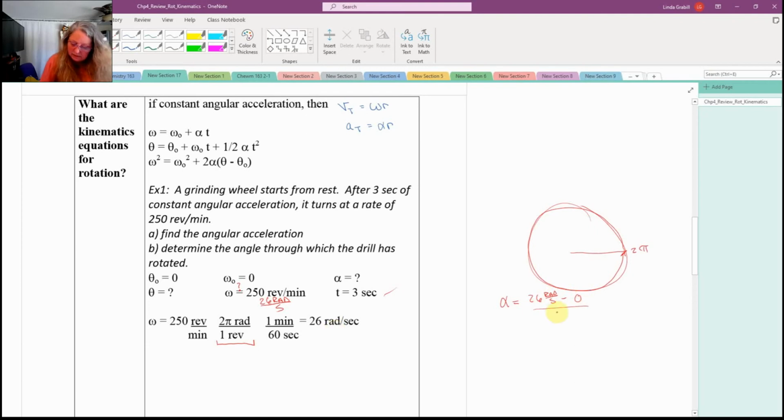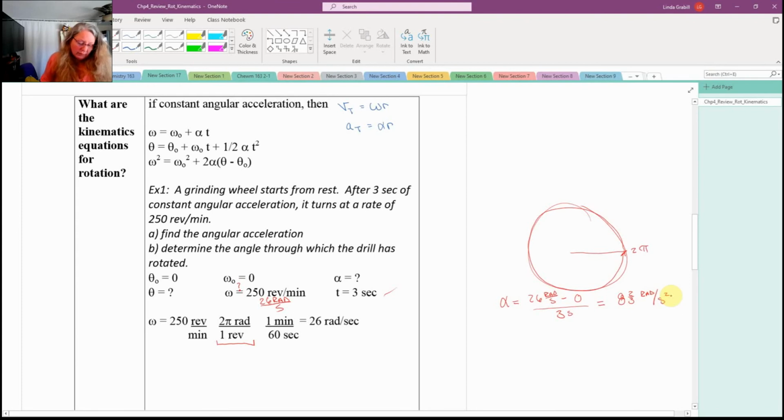Well, this is 3 seconds. So what do I get? 8 and 2/3. Checking my math, that's 8 and 2/3 radians per second squared. Cool.